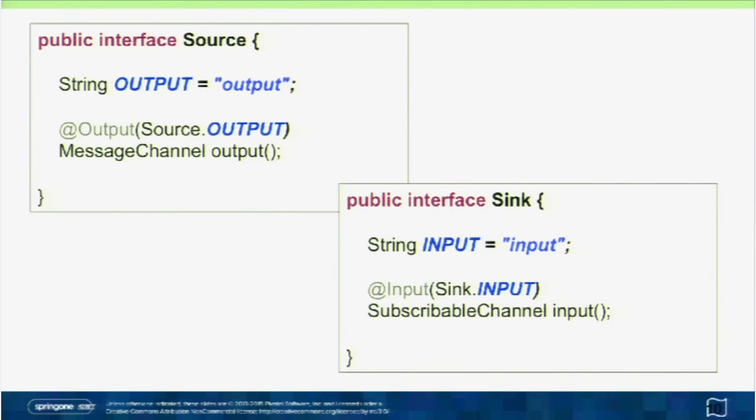And then you could have two methods in it, one input and one output, with two different method names, whatever you like. And then basically what Spring Cloud Stream does is it introspects that interface, looks for all the methods that have a message channel as a return type, and creates not just a bean definition, but also a whole infrastructure binding to the external message queue, stuff to do with message conversion, headers, all of that stuff.